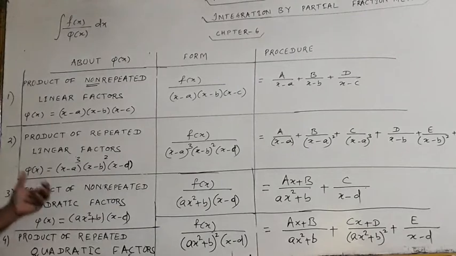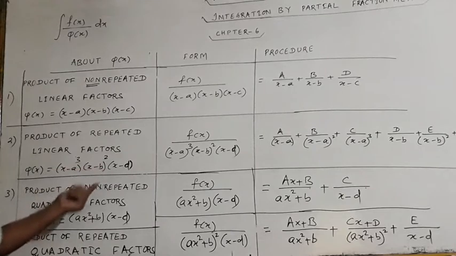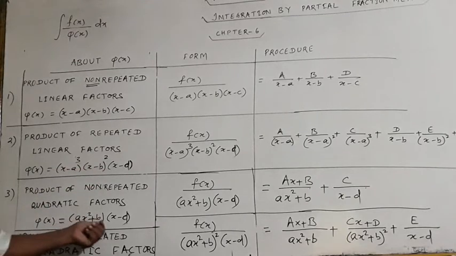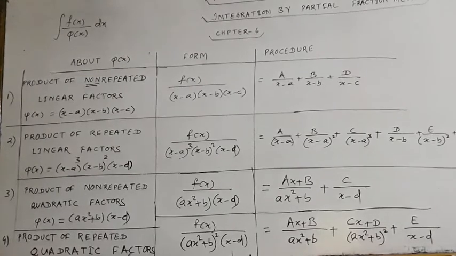What is non-repeated quadratic? Quadratic means in this factor it must have power 2. Suppose I am telling you x square plus 3, x square plus 5, 2x square plus 3x plus 2.